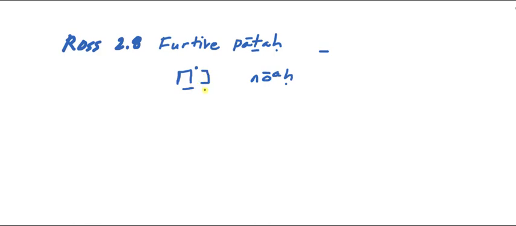It's still a one-syllable word, and the Furtive Pathak is not functioning as a true or genuine vowel. Okay? It's just being produced to help you get to that guttural consonant. So noch becomes noach.